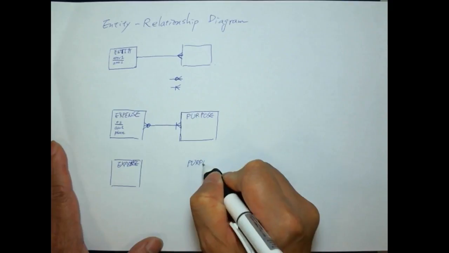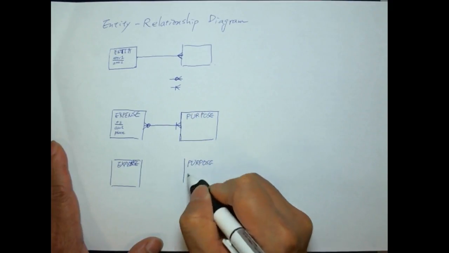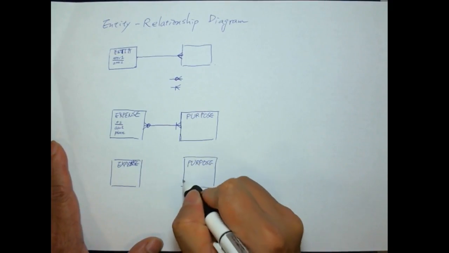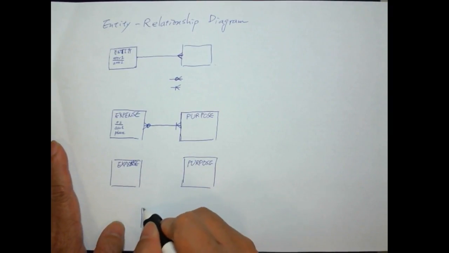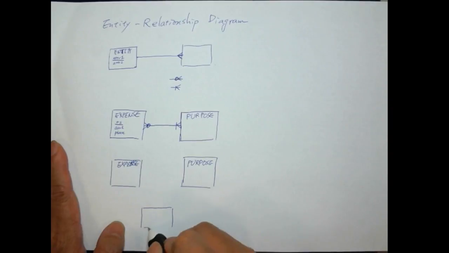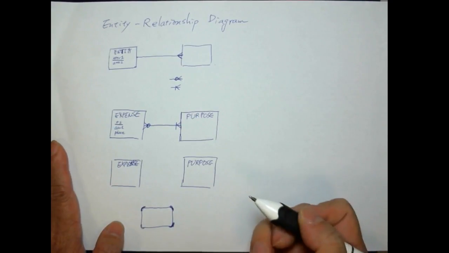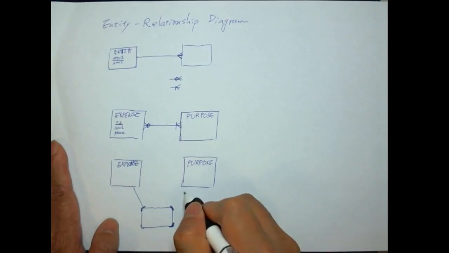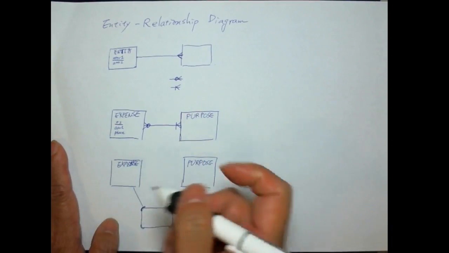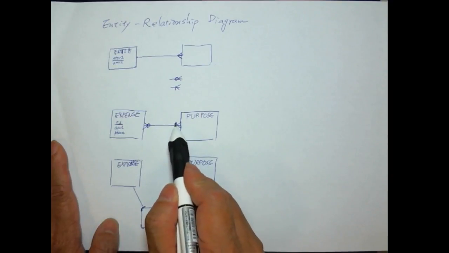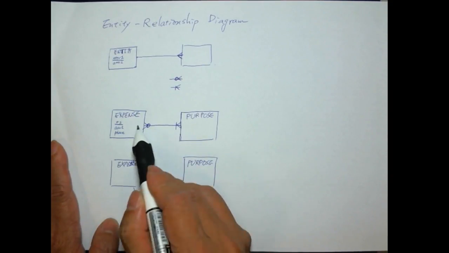We preserve the original two entities, so expense and purpose. Then we add an additional entity. Sometimes, to indicate that this entity is used for associating two entities, we use rounded corners, and so sometimes we call it an associative entity.